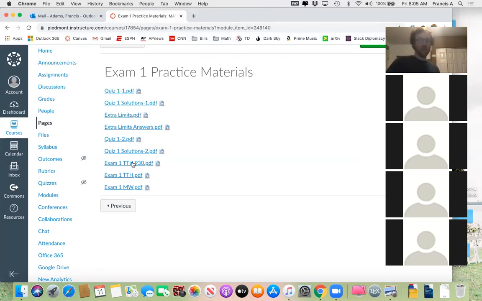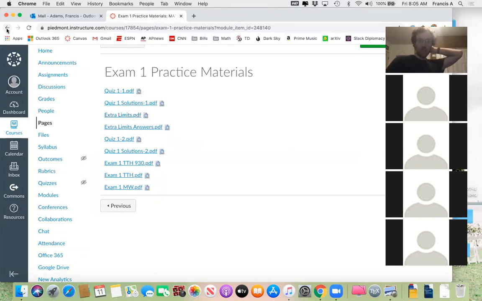There are also 3 practice exams that are all a little bit different, but all covering the right kind of material. There aren't solutions to those just because I didn't write them up, but again, I'd be happy to talk about those answers in an office hour or in the lab session.